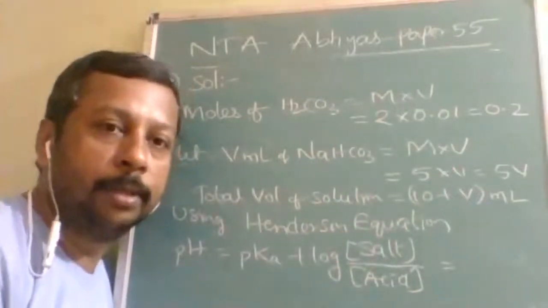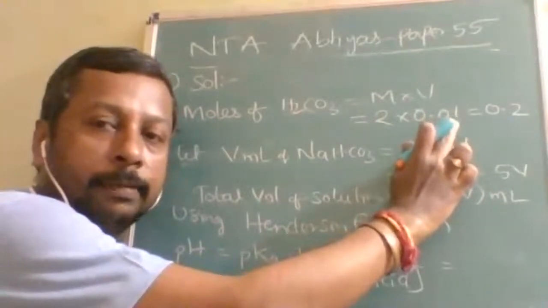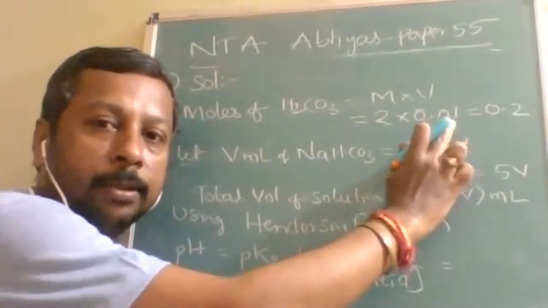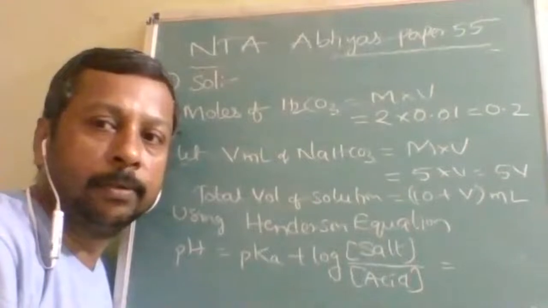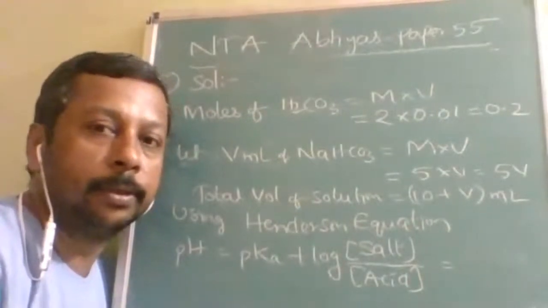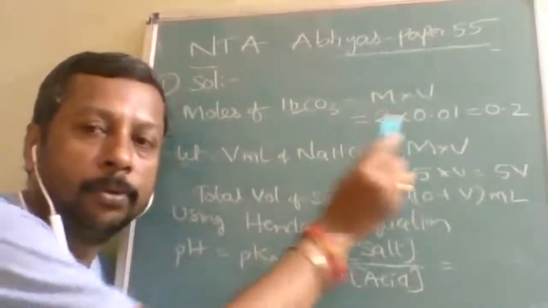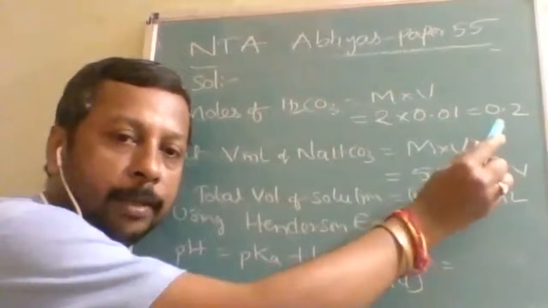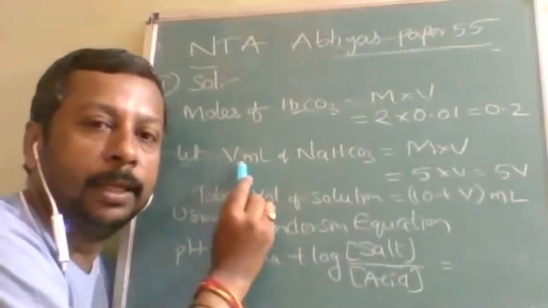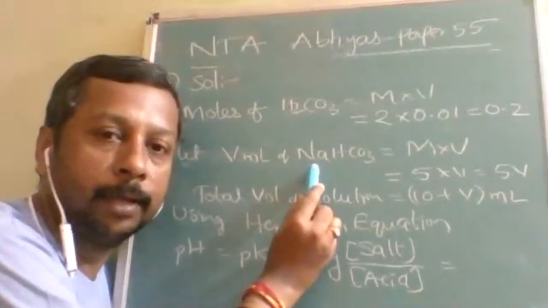Only thing you should make sure is that the volume must be in liters. It is given as 10 ml, so I have converted it into 0.01 liter. So moles of H2CO3 will be 0.02. If you don't convert, you will get it in millimoles. Let V ml of NaHCO3 be added. It is not given; this is what we have to find out.